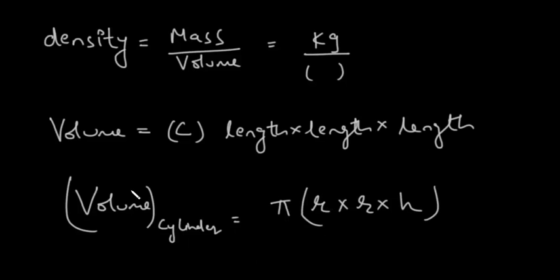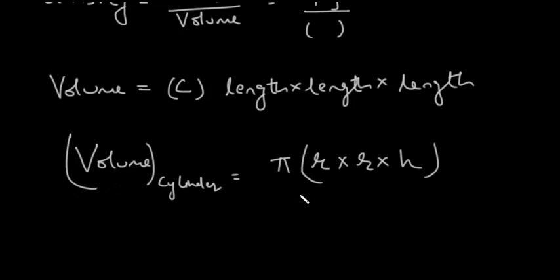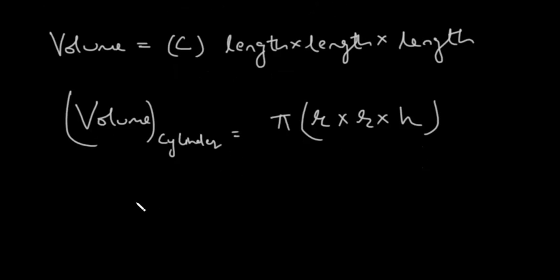So the volume of any object is some constant into length cube, length into length into length, some form of length. Okay, so the unit for volume is, constants don't have any units, they are constant.